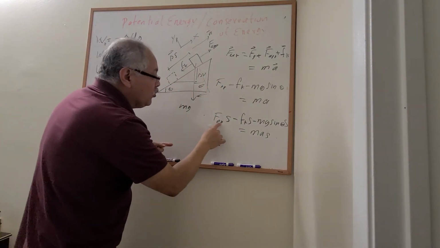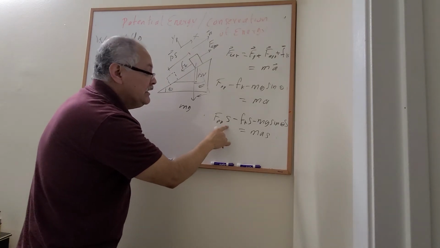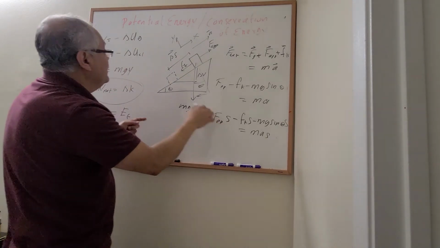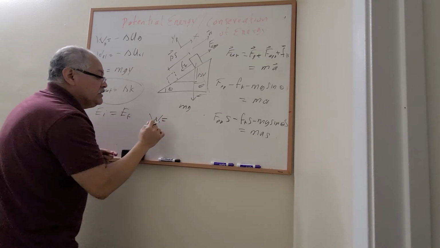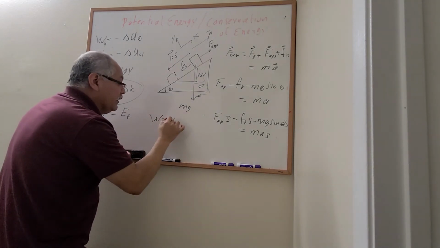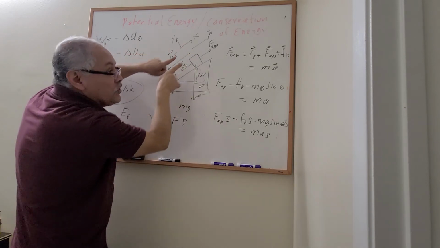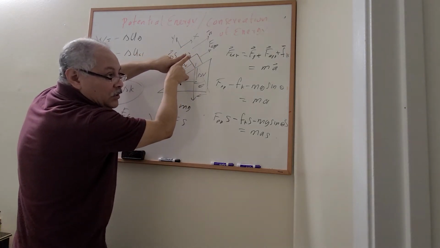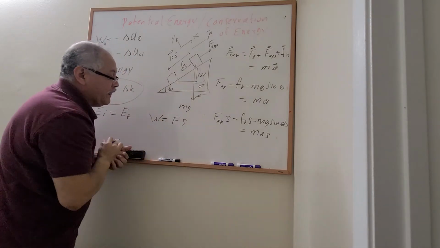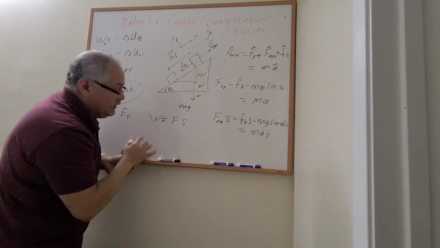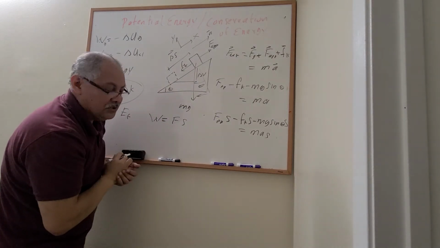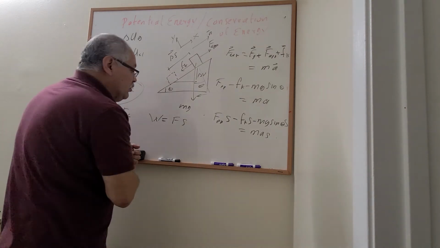But what is force times distance? Remember, force times distance is equal to work when the displacement and the force are parallel. When they are parallel, the work is just the product of the magnitudes. Perfect.